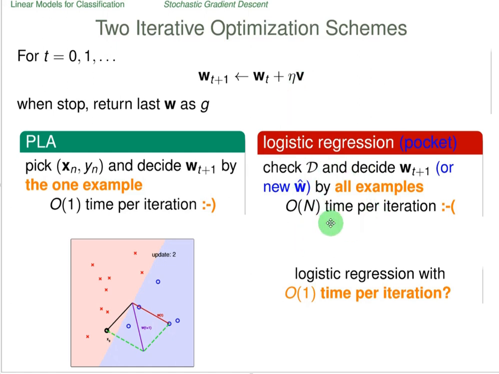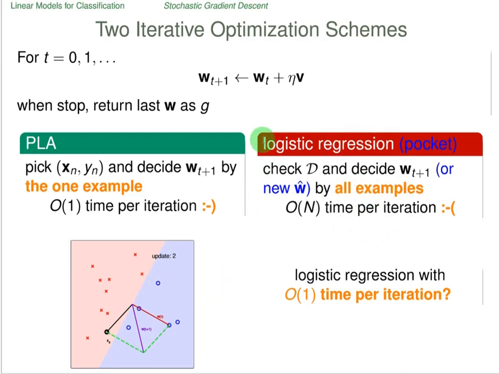The cross-entropy in-sample error of logistic regression computes the average of the in-sample error for each example in the training dataset. Now the main question is, how can we simplify the logistic regression algorithm that uses gradient descent so that it will be similar to PLA complexity?